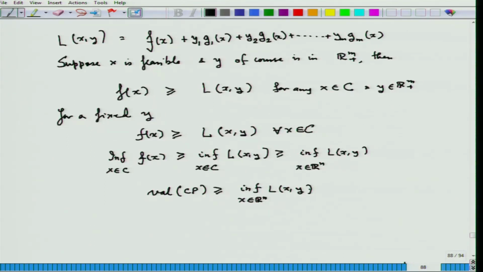Now, I have done it for a fixed y, but this is true for every y. If I take one y, this argument holds, take another y, the same thing will hold. So, this is true for all y, which tells me that the value of Cp is always bigger than theta y for all y.